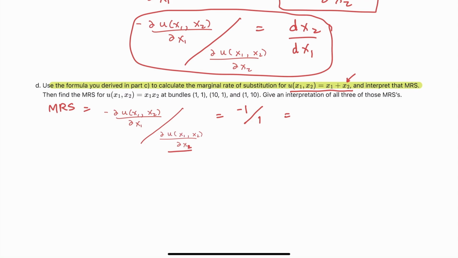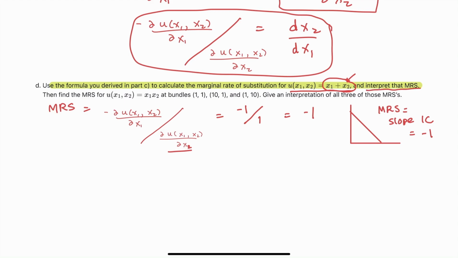So the marginal rate of substitution is negative 1, which fits what we discussed, that this leads to these perfect substitutes indifference curves, and we know that the MRS is the slope of the indifference curve, and of course here it's just negative 1, so that makes sense.